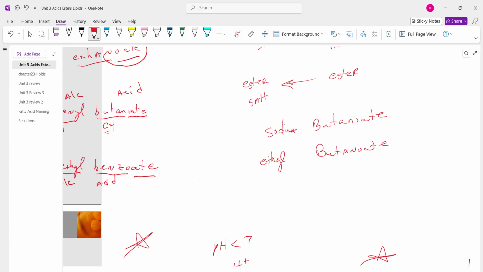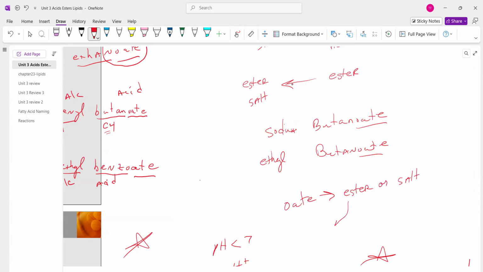So whenever we see the oate, that could be an ester or a salt. How do you tell the difference?